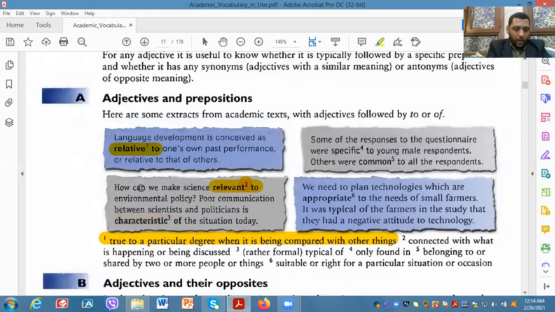All right. When it comes to the definition of relevant to, it is connected with what is happening or being discussed. I'll give you an example to see if this can be explained.